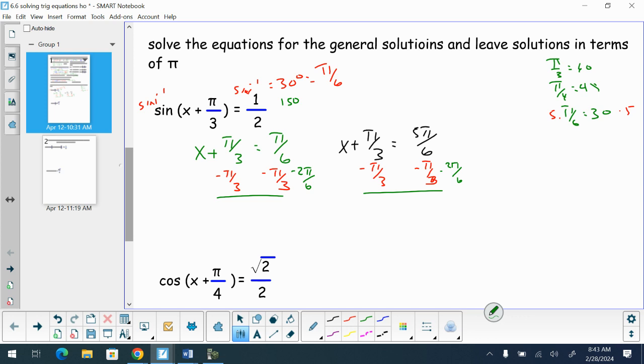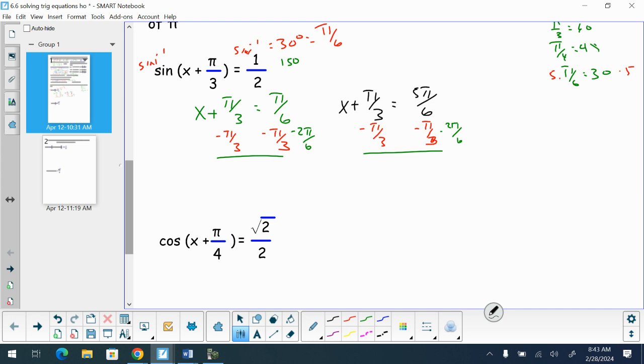Minus 2 pi over 6 over here. So what we're left with is x is equal to negative pi over 6. And over here, x is equal to 3 pi over 6, which is pi over 2.